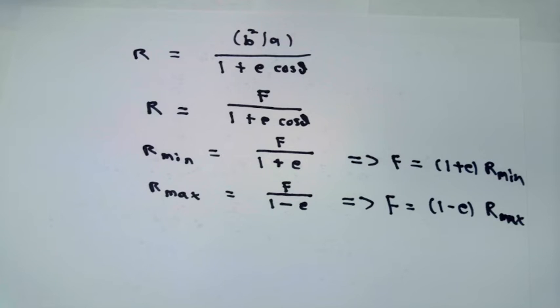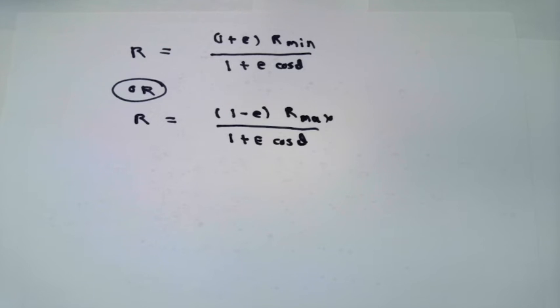Rearranging these in a very simple way, I can express the constant f in the numerator in terms of either the eccentricity and the perihelion distance, or the eccentricity and the aphelion distance, the greatest distance from the origin. In this way, I can express the formula for my ellipse in terms of the angle variable theta, the eccentricity, and either the smallest or biggest distance from the origin on the elliptical path.